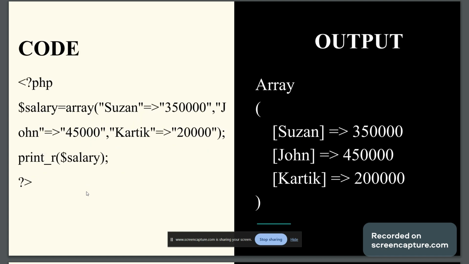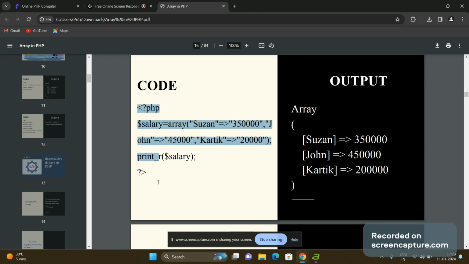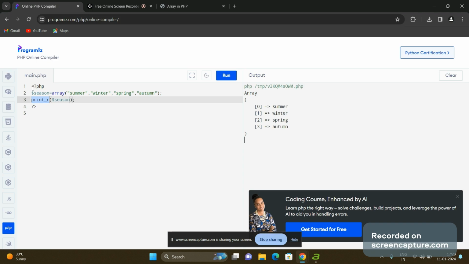For example, if I want to create a salary table or salary array, where I want to give the name of the person and their salary. Now, how can we give this? Suppose I want to create an array.